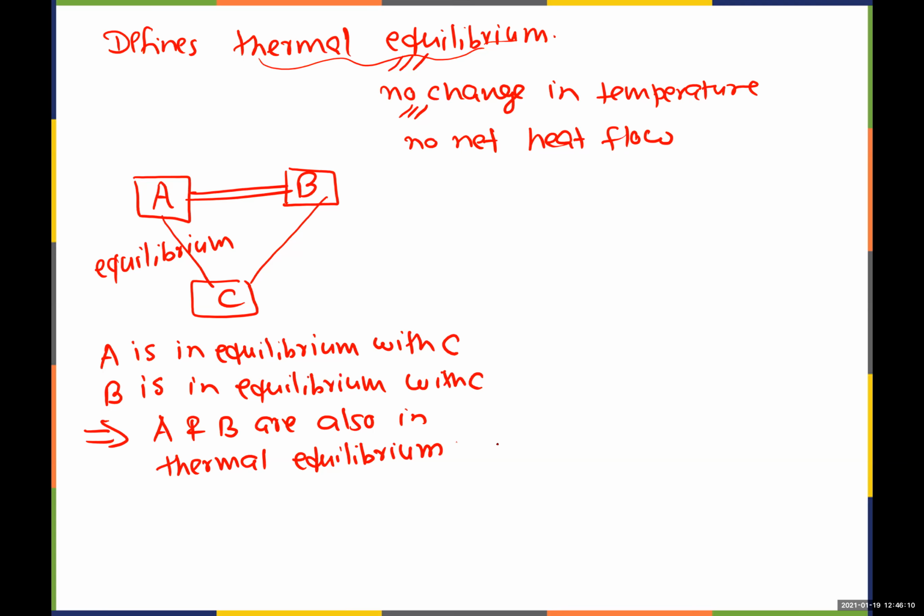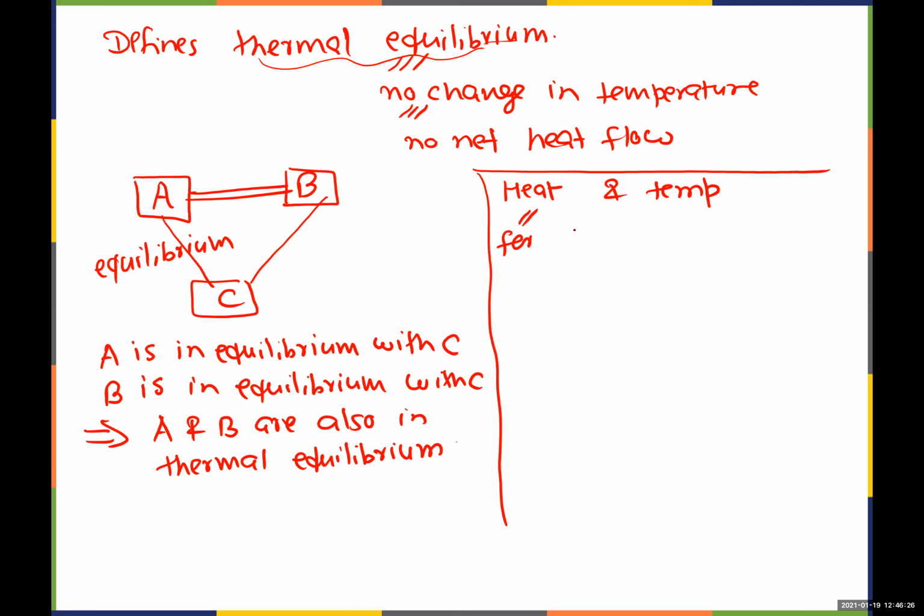In short, we'll come to this point later, but let's see the difference between heat and temperature. I told you heat and temperature are different. Heat is a form of energy, so it is measured in joules. Temperature is not a form of energy.